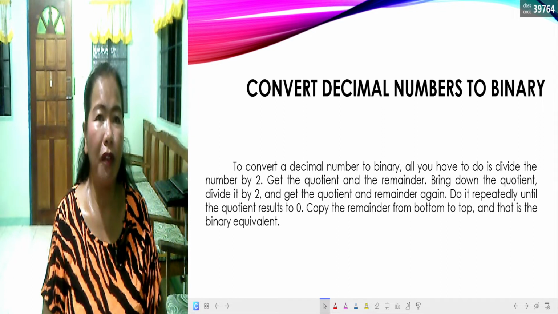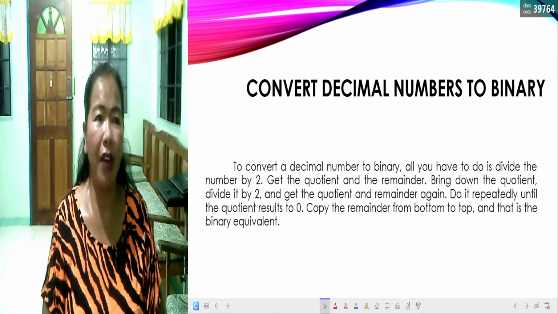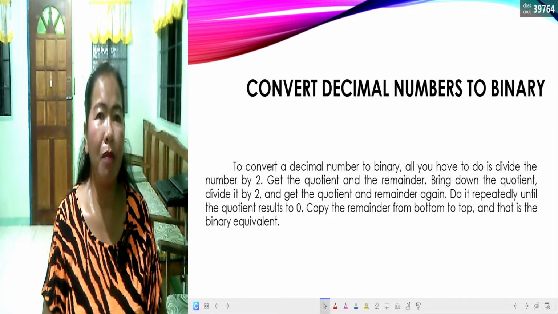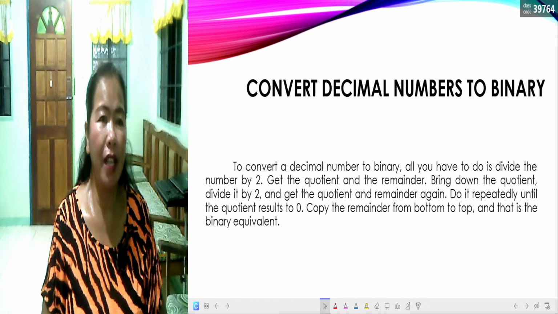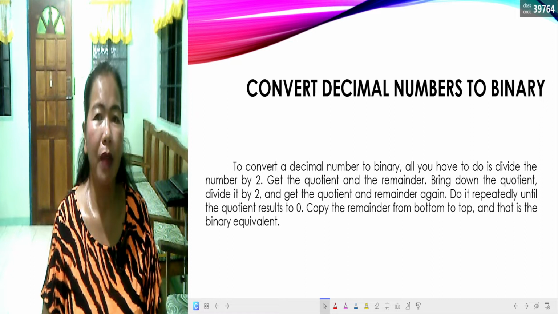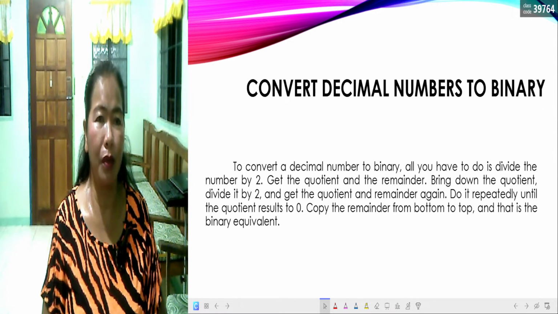So converting decimal numbers to binary, all you have to do is to divide the given decimal number by 2. So 2 is a constant divisor because the decimal number is being converted to binary number.